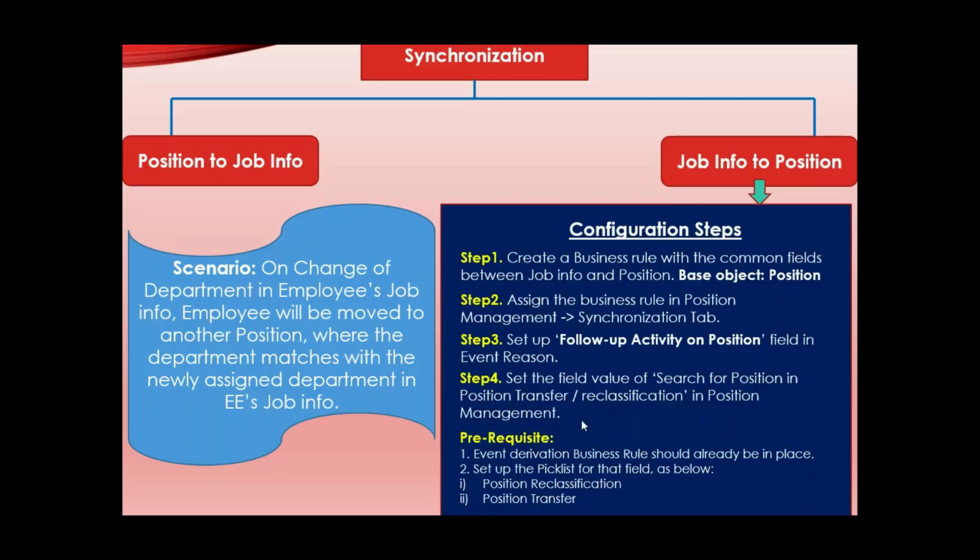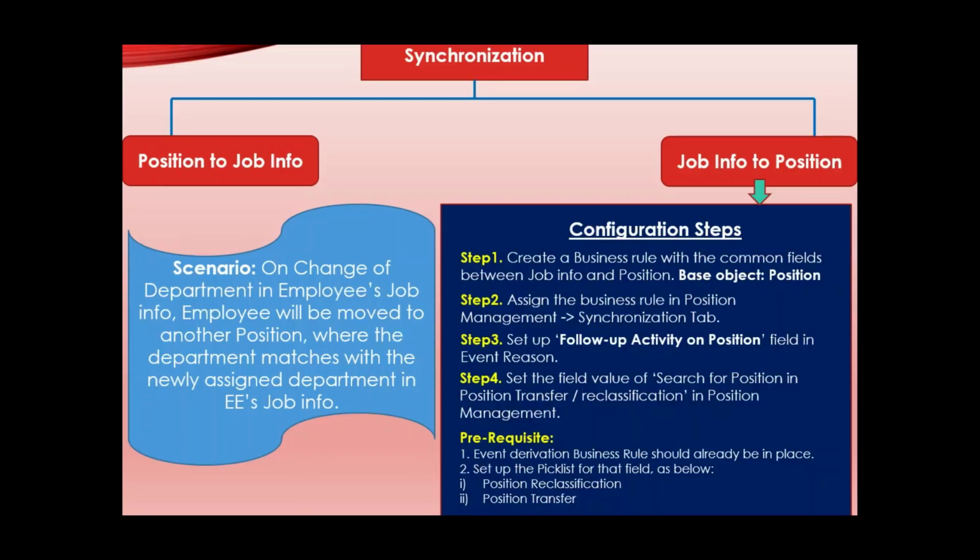There are some prerequisites as well. Before doing all of these activities, the first prerequisite is that the event derivation business rule should be in place, because this whole thing should be managed via event derivation only. That means when an employee's department is changed in the employee's job info, one particular event derivation should happen.